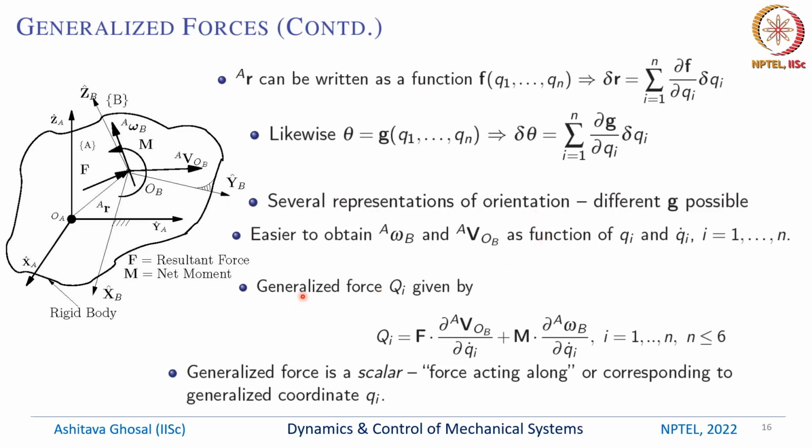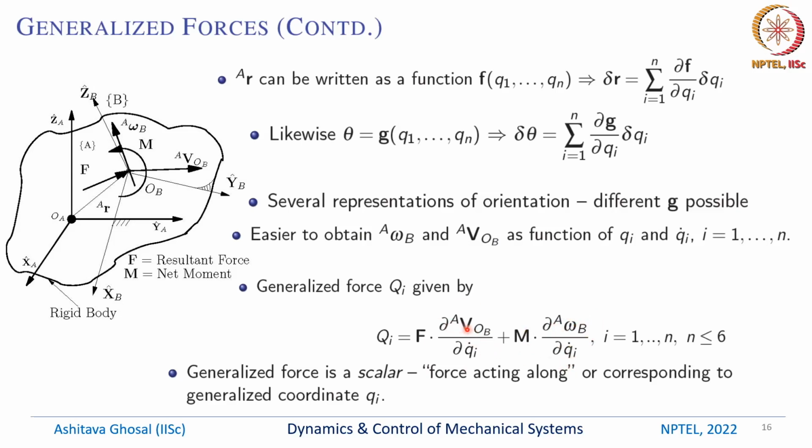So now, by the principle of virtual work, since the work done by the external forces F and M should be equal to the work done by the generalized forces Qi and delta Qi, we can also obtain Qi in this form, which is F dot partial of velocity with respect to Q dot and M dot partial of angular velocity with respect to Q dot.